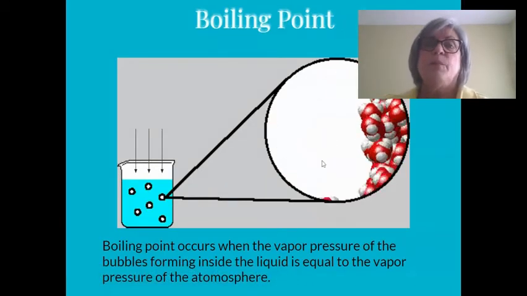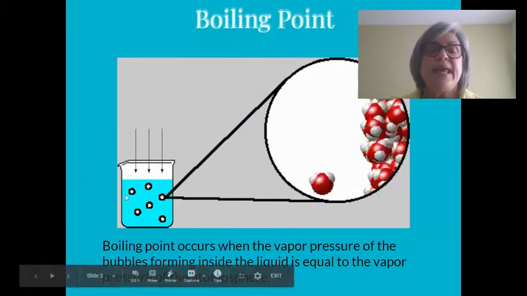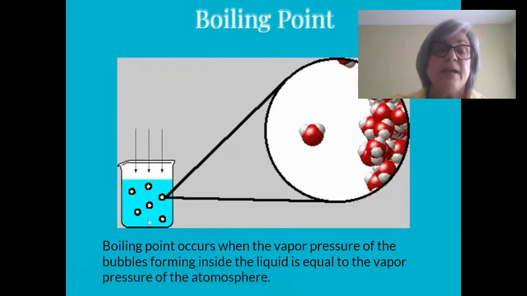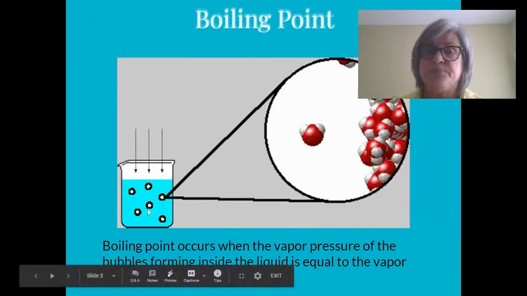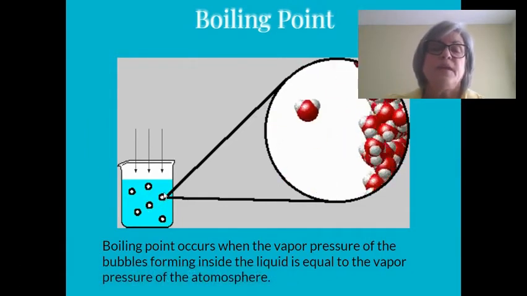To understand boiling point elevation, we need to understand what happens during the boiling process. So as we add heat, let's say to a container or beaker of water, the kinetic energy inside the solution starts to increase. Let's take a look at the inside of one of these bubbles.